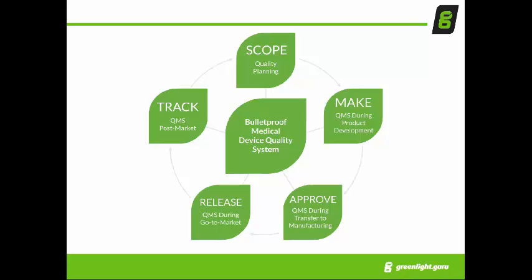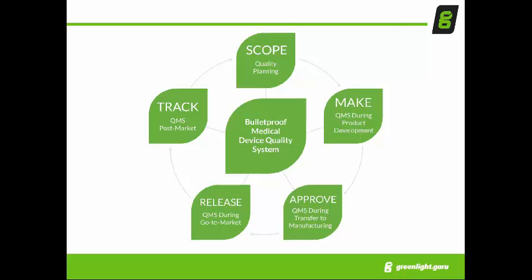And part of the Greenlight platform is what we call the SMART 5-phase QMS methodology. To go into just a little bit of that, there's an approach to this. First, you're going to scope out the initiatives for a quality management system.